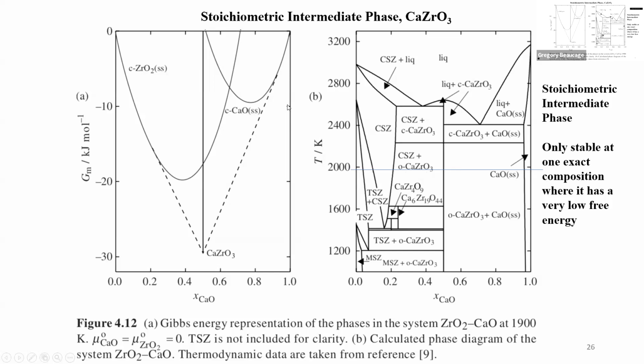And then the calcium oxide is in equilibrium with the intermediate phase, because it's a straight line. So it's basically that composition calcium oxide, and then that intermediate phase is a fixed composition. And so the tie line goes with that, and then you pick out that intermediate phase at this point, the blue line.